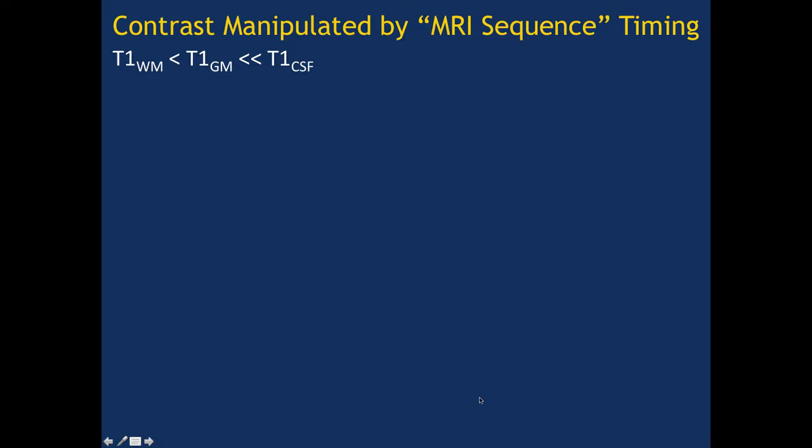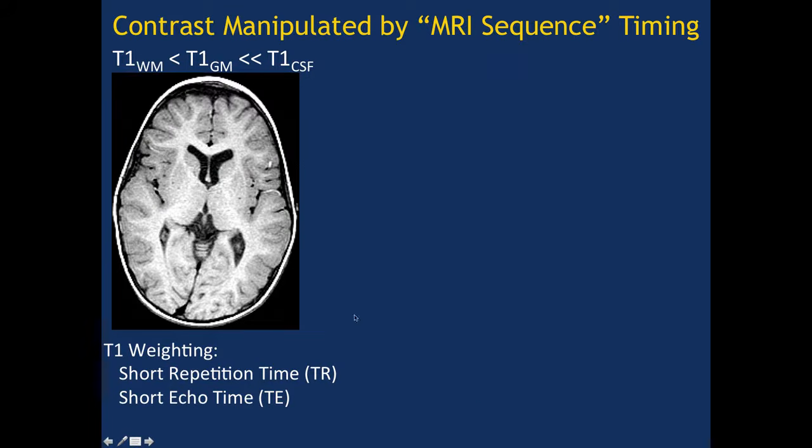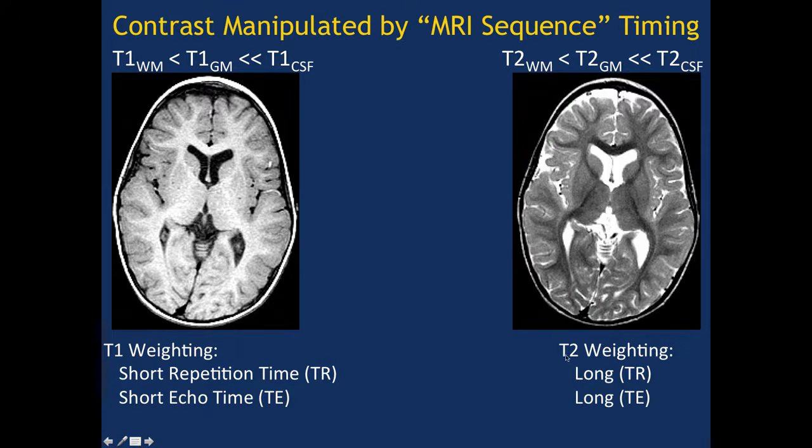Since we know that different tissues have different T1 recovery times, we can go with very rapid pulsing, or short repetition time, to accentuate the signal in tissues that have short signal recovery time. So the white matter is relatively bright, fat has a short T1 recovery time. CSF has a very long signal recovery time, so it's quite dark. Or we can go to the other extreme, a long repetition time.